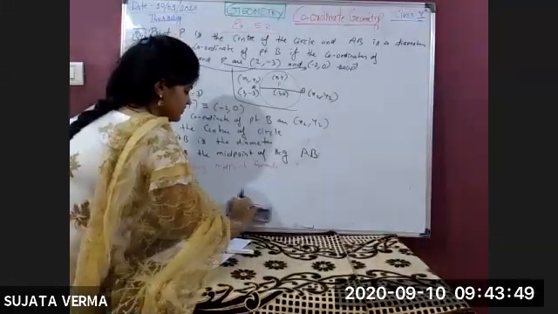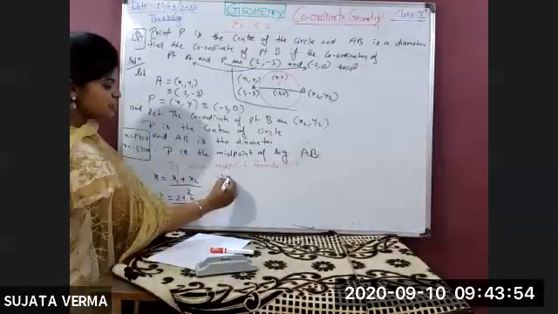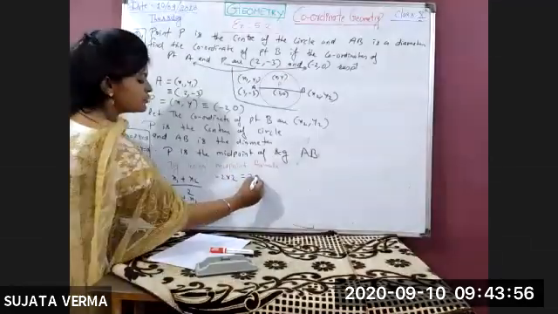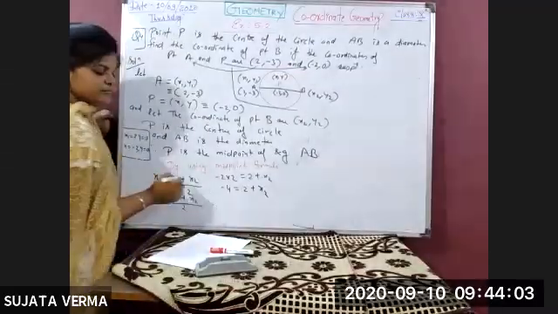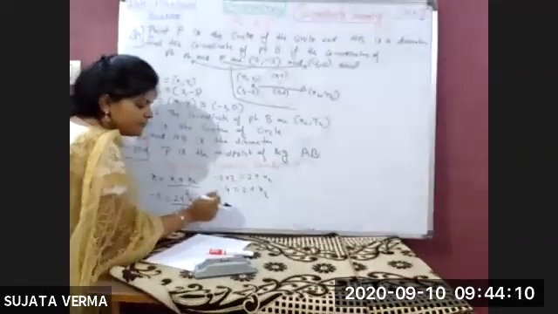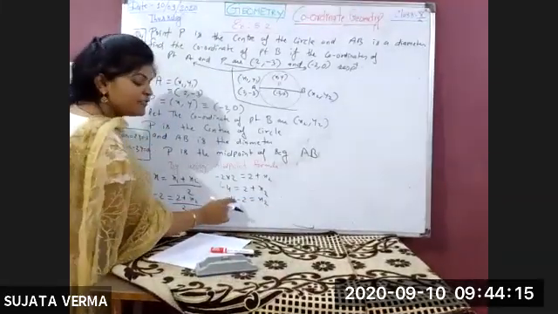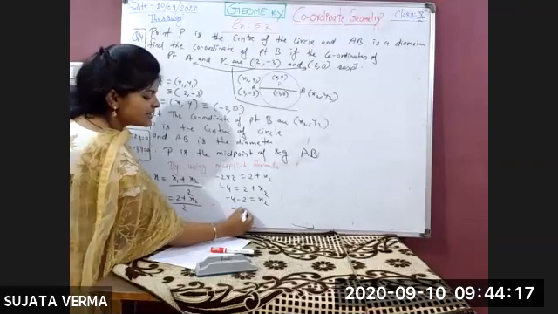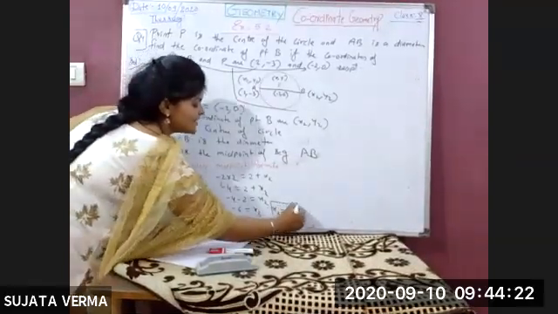Now we take 2 to the left side, so -4 minus 2 is equal to x2. -4 minus 2 is equal to -6. So finally we get x2 is equal to -6.